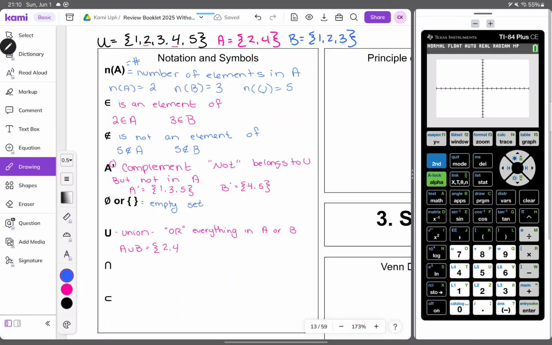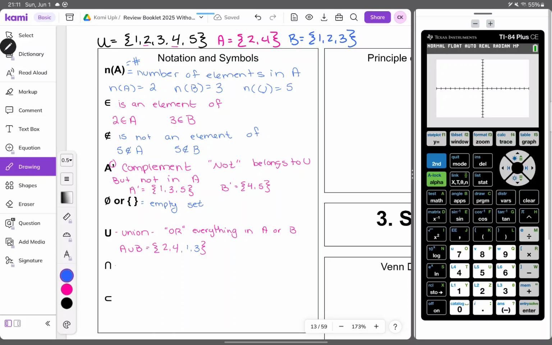Then I'd need to grab everything else that's in B. So I've already accounted for the 2, so I just need the 1 and the 3. So I don't care if it comes from A, I don't care if it comes from B. If it shows up in one of them, it shows up in the union.